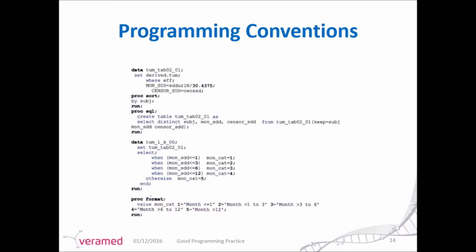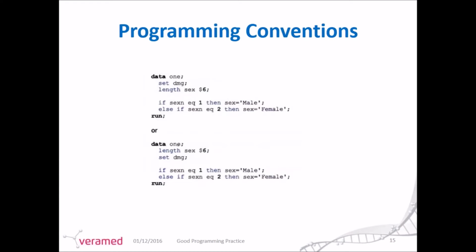It's not very well structured. It's missing some blank lines. And you'll also notice at the end there's a proc format, and we really don't recommend doing that because we suggest that they be placed in a separate format program which creates a catalogue that's usually in the same library as the analysis data sets.